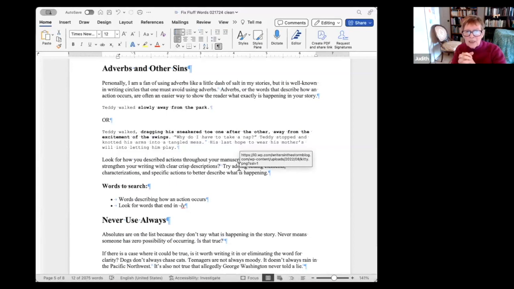She says, personally, I'm a fan of using adverbs like a little dash of salt in my story, but it is well known in writing circles that one must avoid using adverbs. Adverbs, or words that describe how an action occurs, are often an easier way to show the reader what exactly is happening in your story.